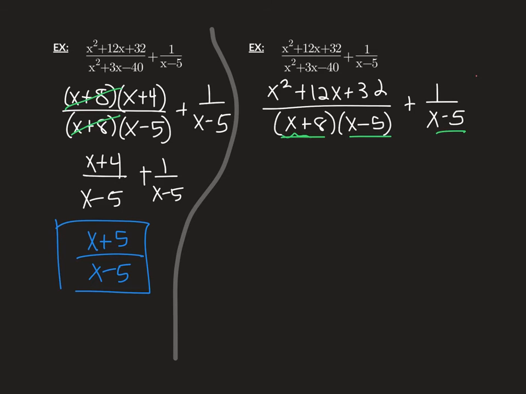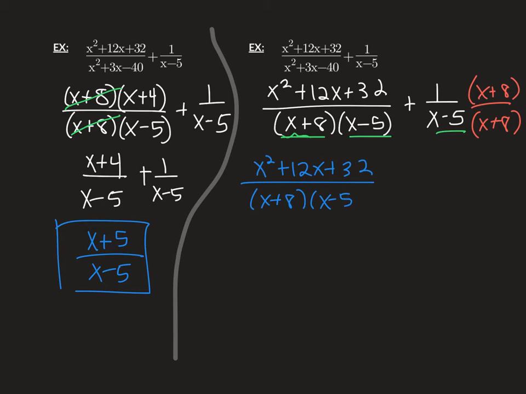So from the second fraction, I need to multiply both top and bottom by (x plus 8) over (x plus 8). Okay, so if you went and did that, you would have x squared plus 12x plus 32 over (x plus 8)(x minus 5) plus, distributing, we get (x plus 8) over (x plus 8)(x minus 5).